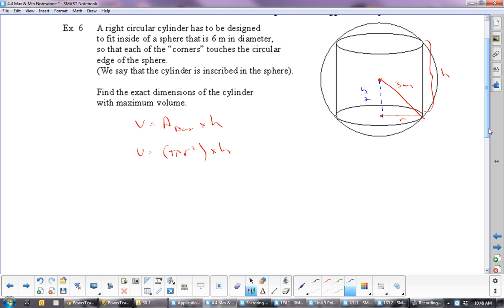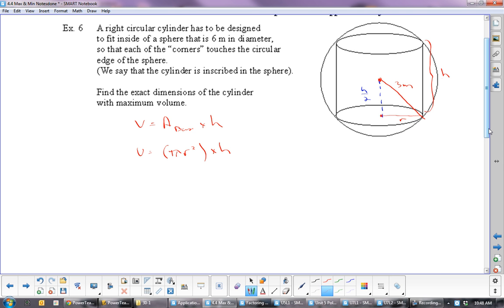So I have a way of relating R and h now. Therefore, I can get rid of one of them. Let's just put everything in and you'll see why I chose the one I did.